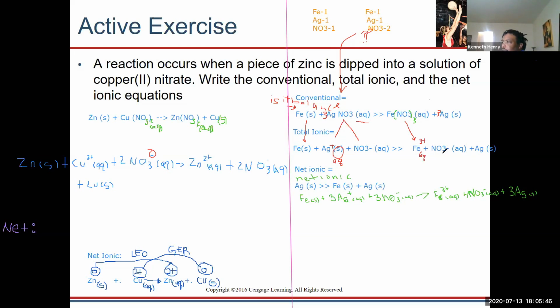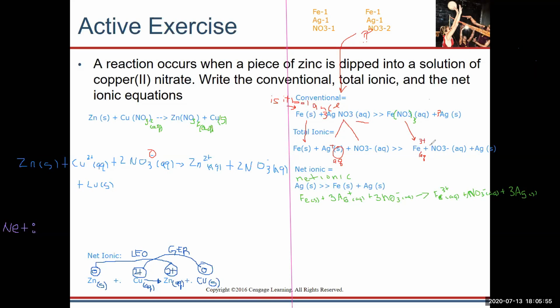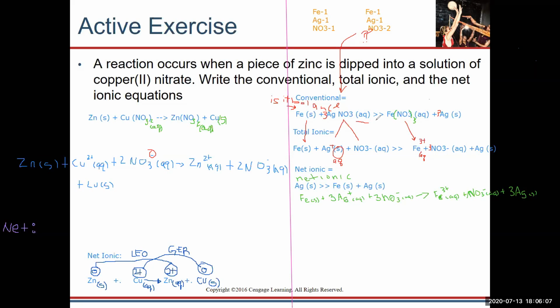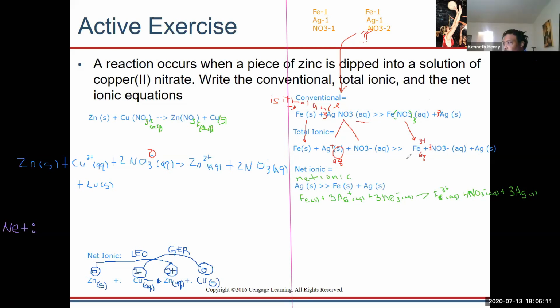And how many of these guys am I going to have? 3. Yes. So we're going to put the 3 in front because here it's only like this because the iron holds it together. Remember, the ionic reaction is what's holding that together. As soon as you disrupt that iron reaction, they're free to go and they're going to act as individuals. You're going to have 3 of those.